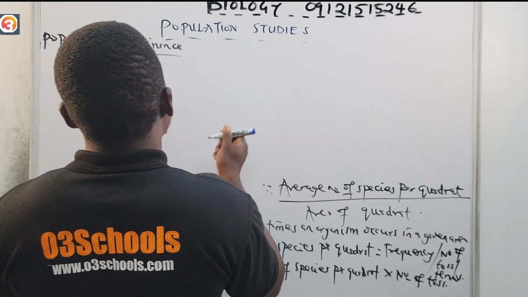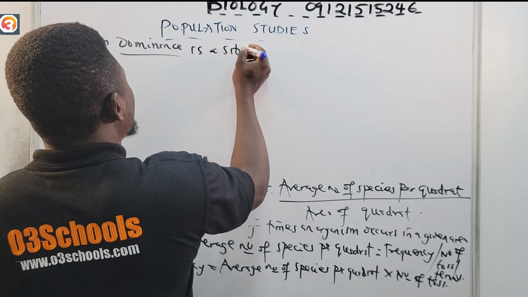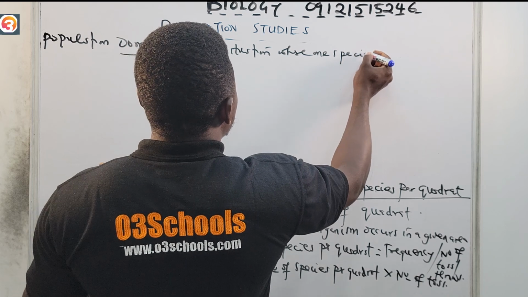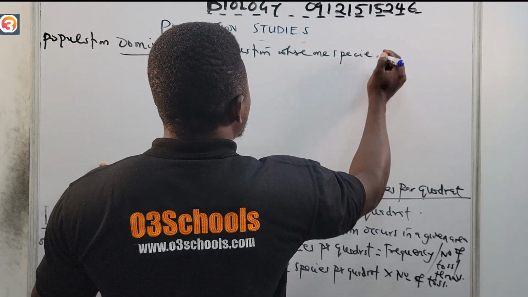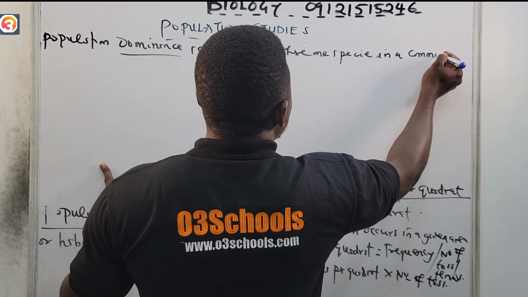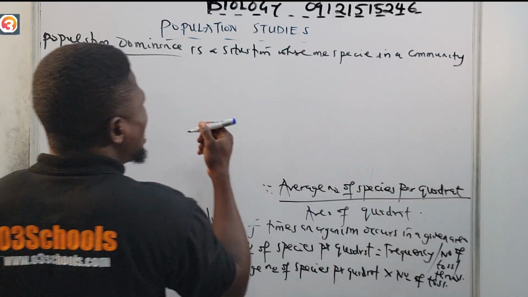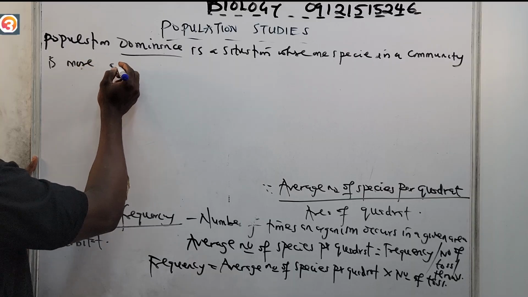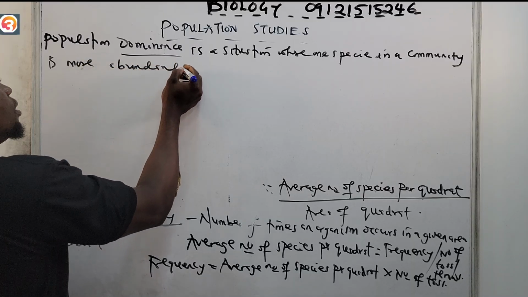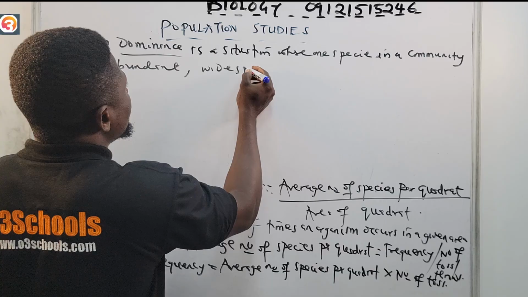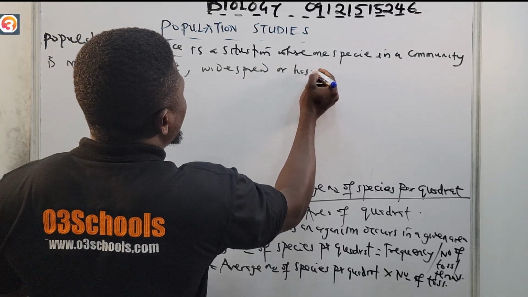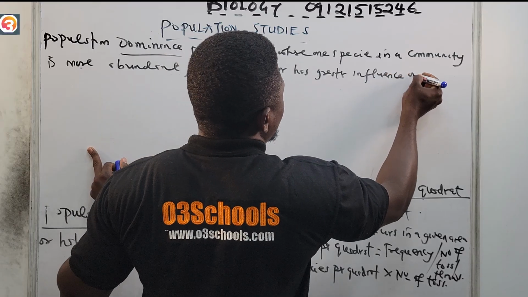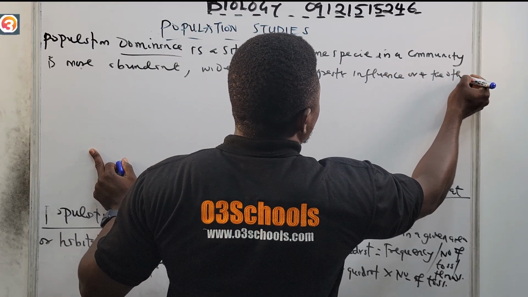So population dominance is a situation where one species in a community is more abundant, is widespread, or has greater influence over the others.